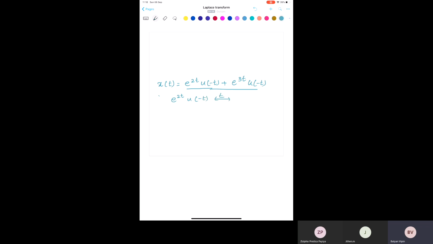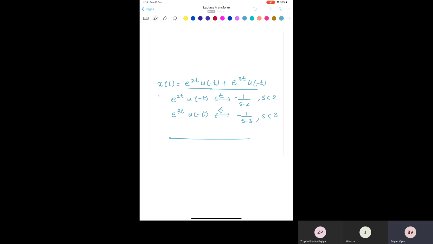The Laplace transform is minus 1 upon s minus 2, with a minus sign due to u of minus t, and the region of convergence is s less than 2. Again, e raised to the power 3t u of minus t has Laplace transform minus 1 upon s minus 3, and s less than 3.